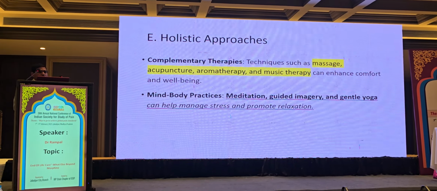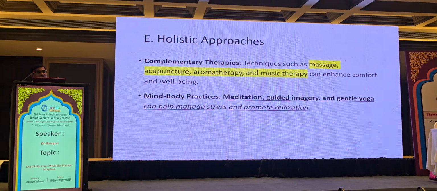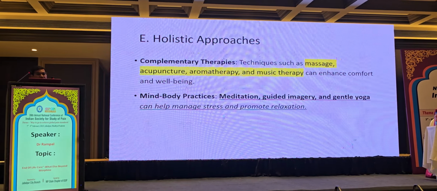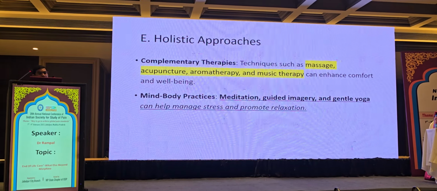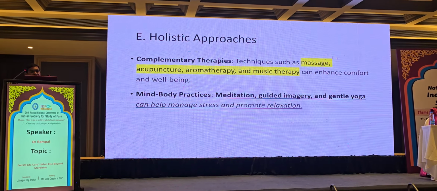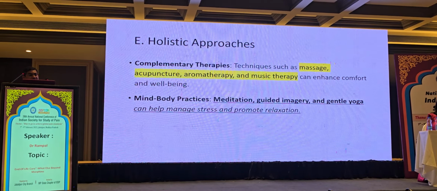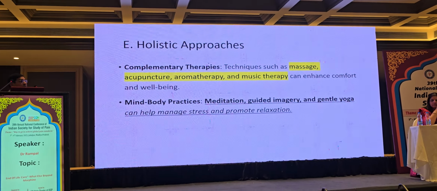Coming to the holistic approach, there are some complementary therapies like massage, acupuncture, aromatherapy, and music therapy that can enhance patient comfort and well-being. Mind-body practices like meditation, guided imagery, and gentle yoga can help manage stress and promote relaxation.